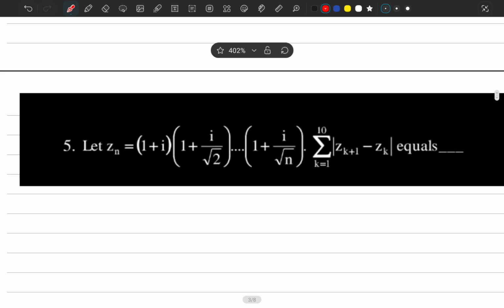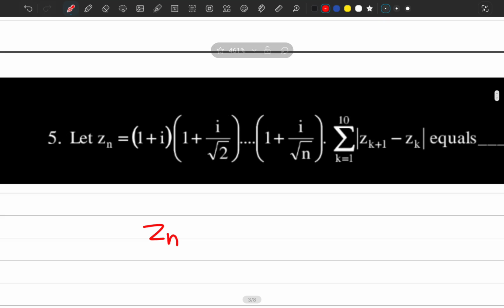Yes, so we have been given zn to be, let me change the color.